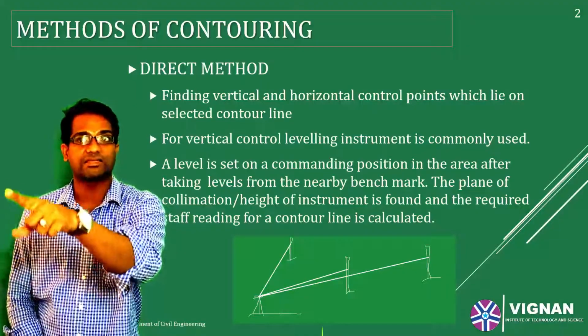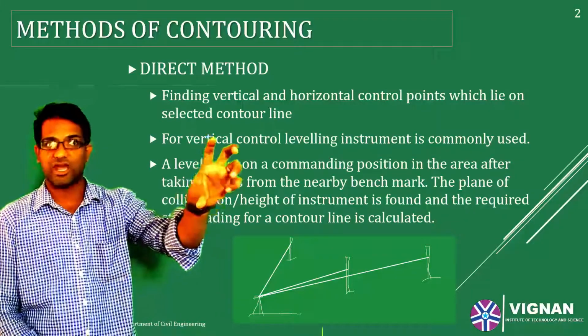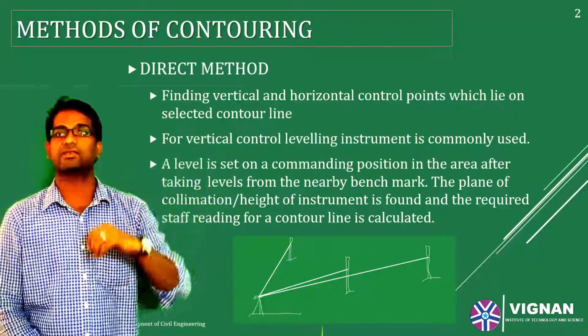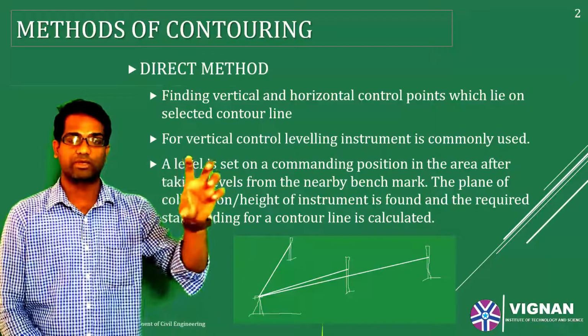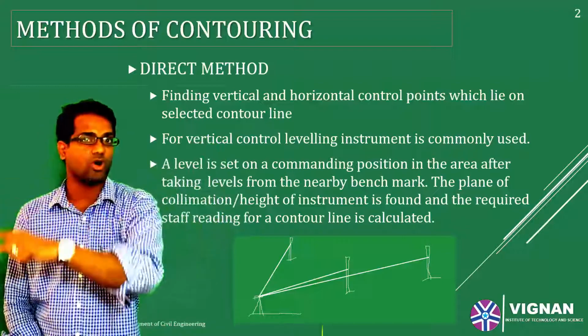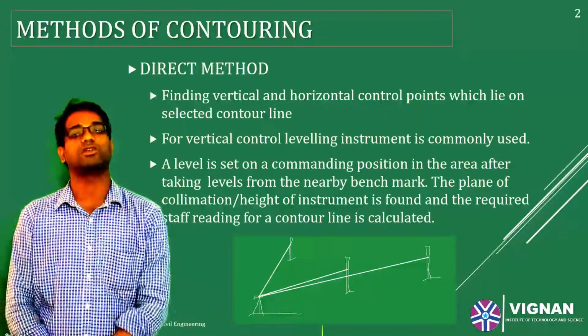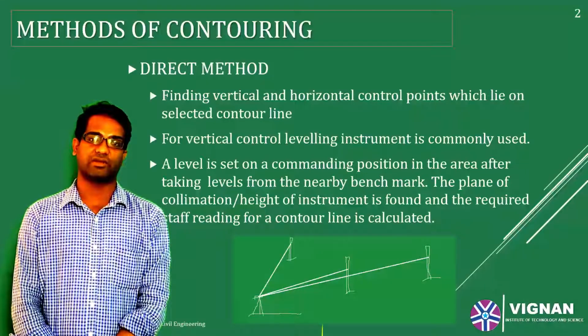Again, I ask the staffman to move around until the staff reading is again 1 meter, so that the reduced level is 100. If I join all 3 points, that could be my contour line. That is the objective of the indirect method.